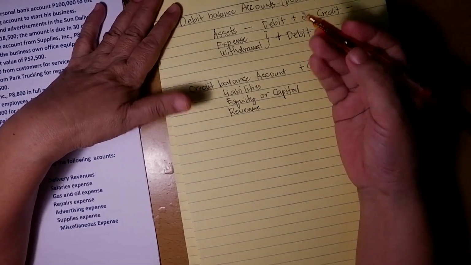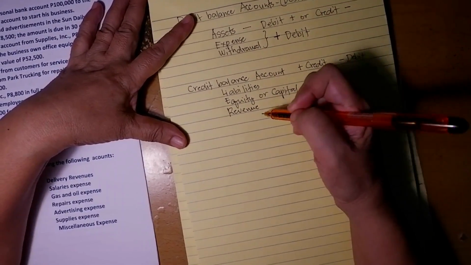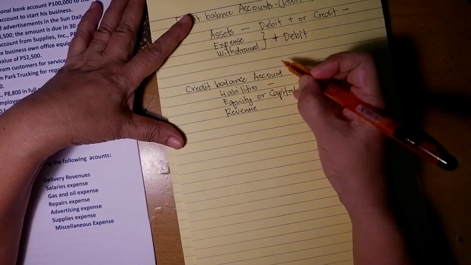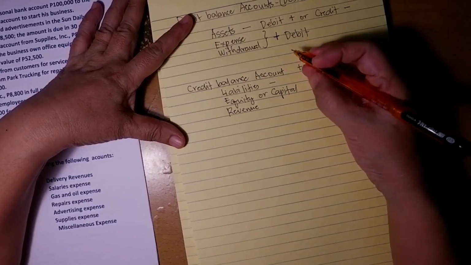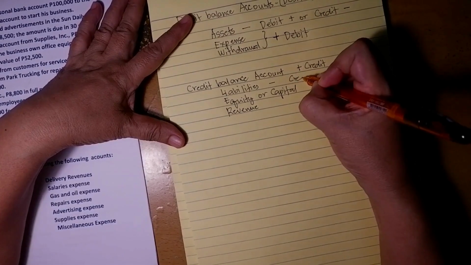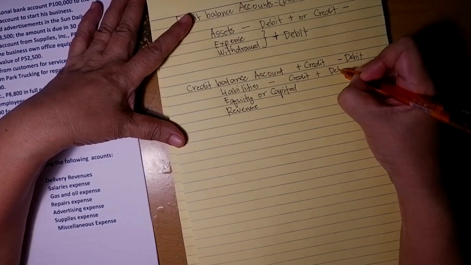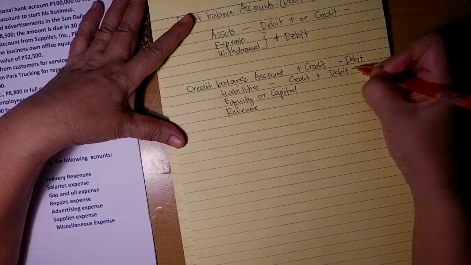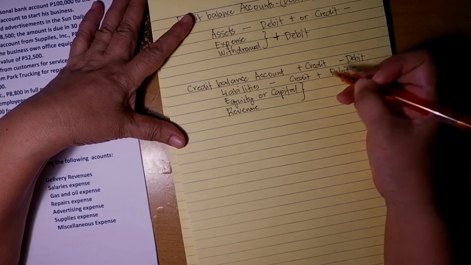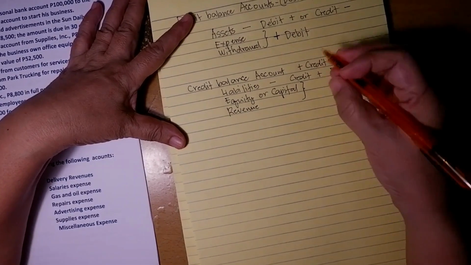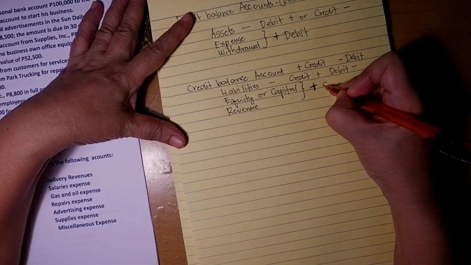Also, with these 3 elements, liabilities, equity, and revenue, it is only liabilities that are affected by either increase or decrease. So that is credit, plus, or debit, minus. Because the other 2, equity and revenue, are always affected by increasing. So it is always credit.